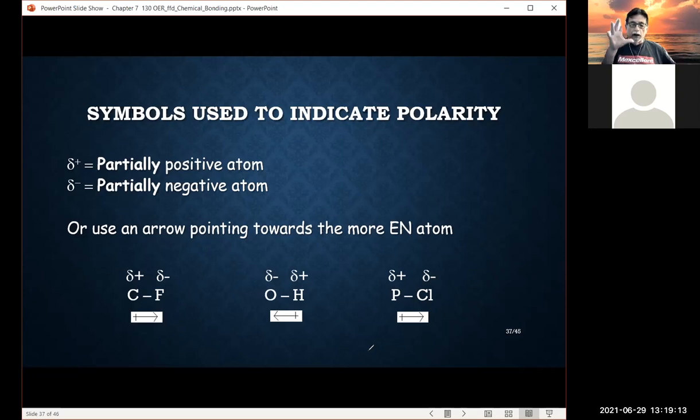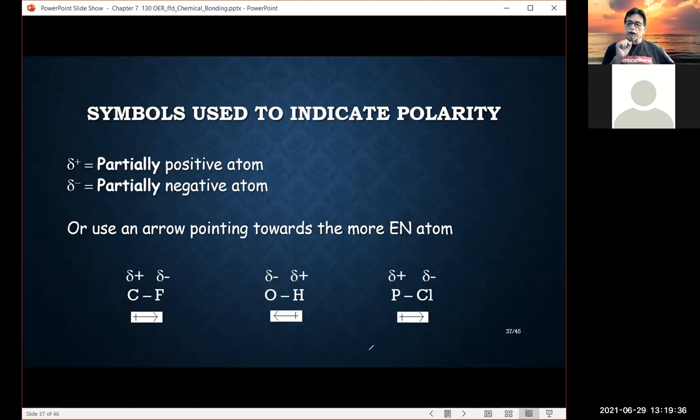Okay, so we look at oxygen and hydrogen. What does that tell you? Any OH on a molecule is a polar bond. The arrow goes from hydrogen to oxygen, so the partial negative is on the oxygen. And then we have a bond between phosphorus and chlorine. Again, find their positions.